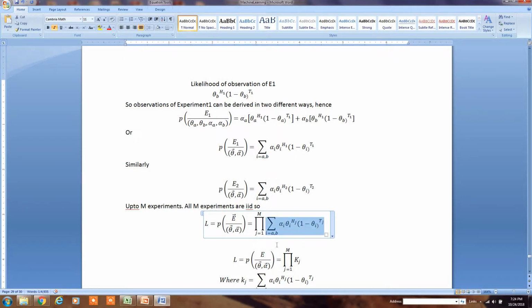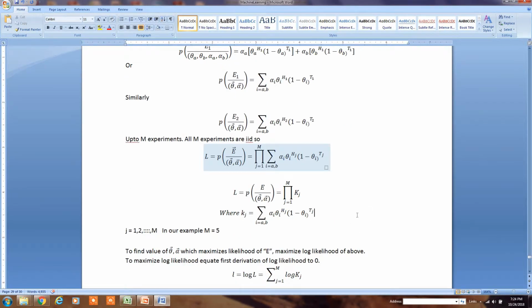So this is the likelihood for the complete experiment. When we say complete experiment, it means E1, E2, E3 till Em. Now for simplification of calculation, let us substitute this as Kj.